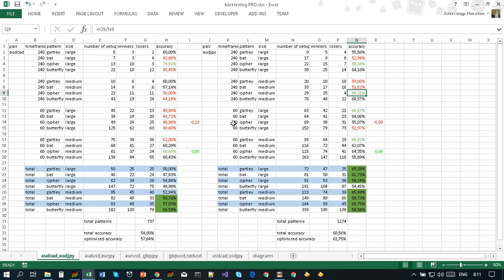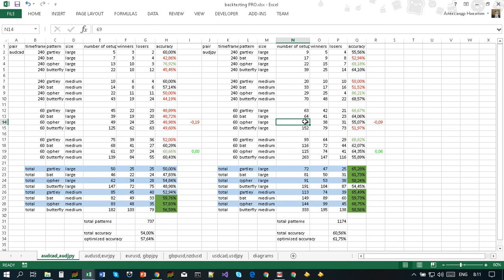Okay, and let us look at this. The large cipher is 55 on Aussie Yen, and medium cipher 115 samples, and 69 is 64. So if we unite them together, how many ciphers found in total, large and medium?